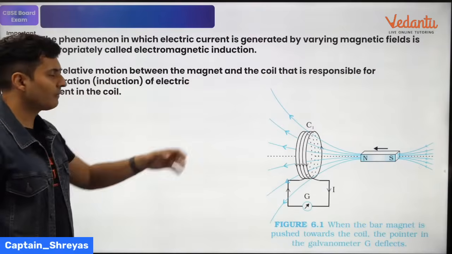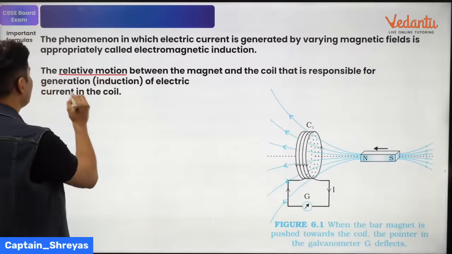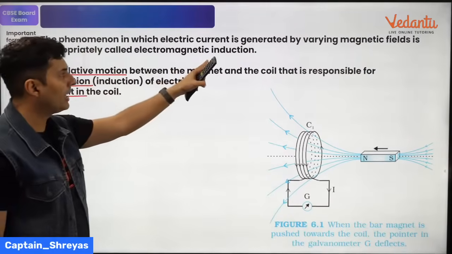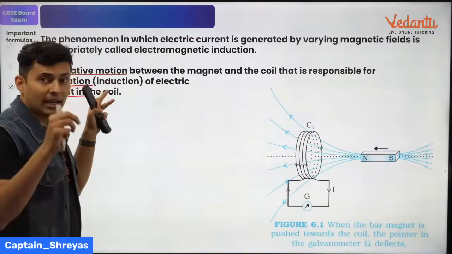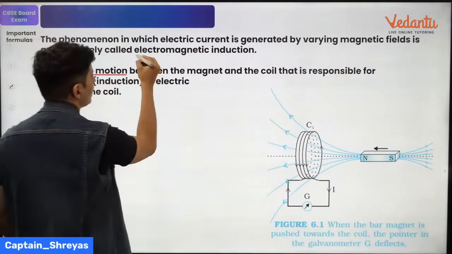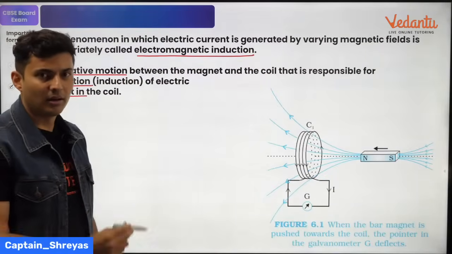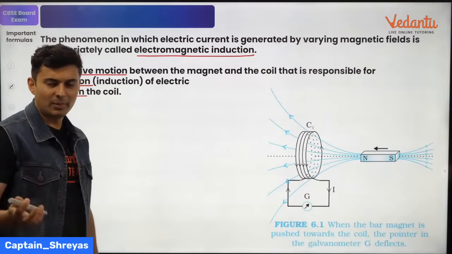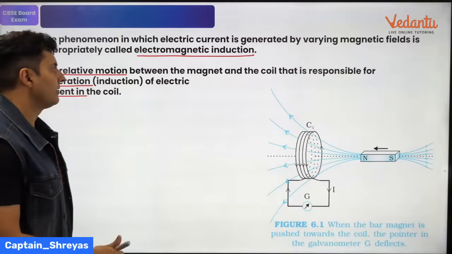So the relative motion, very important word, between the magnet and the coil is responsible for generation of the current in the coil. This phenomenon by which you change the magnetic field and create electricity is called electromagnetic induction. This is what you're going to mention in the board paper. What is EMI, electromagnetic induction? You change the magnetic fields, you change the flux, thus generating electricity.